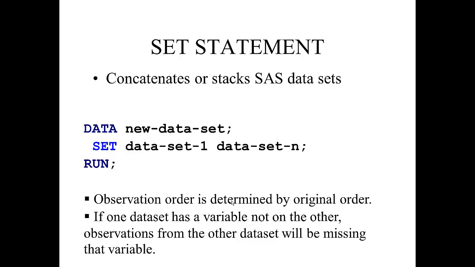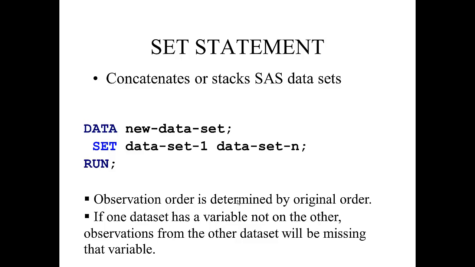Also, if one dataset has a variable that's not on the other, observations from the other dataset will be missing for that variable. Let's say that we were concatenating two datasets, a male dataset and a female dataset. On our female dataset we had a variable called LMP, standing for last menstrual period.